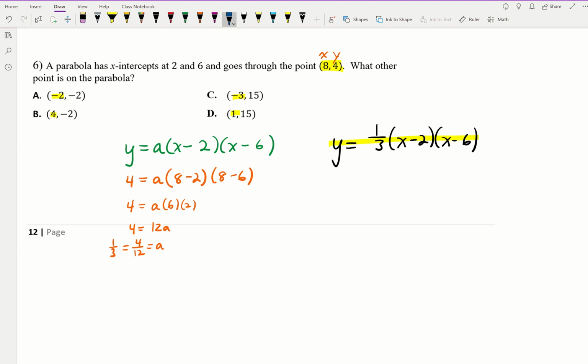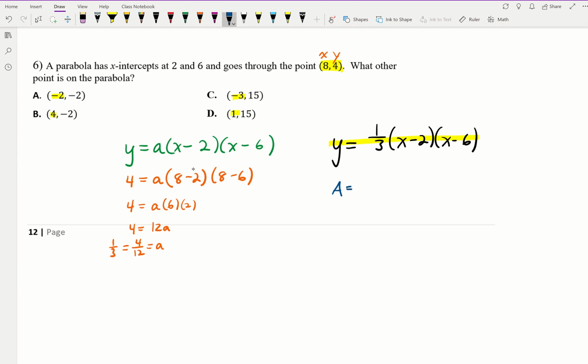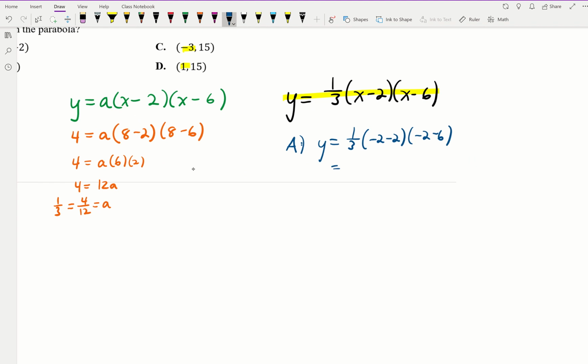So if we start with a, so if we were to check a, our equation would be y equals 1/3 times -2 minus 2, -2 minus 6. So this would be 1/3, -4, -8. Well, this is 1/3 of 32.